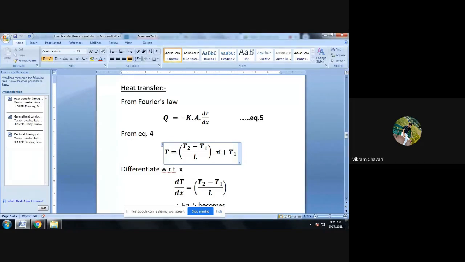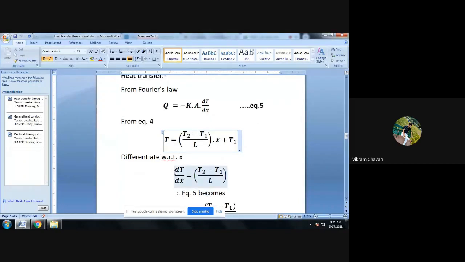So differentiation of x with respect to x will be equal to 1. And T1 is once again a constant, so its differentiation becomes 0. So we get the differentiation of equation number 4: dT divided by dx is equal to (T2 - T1) divided by L.